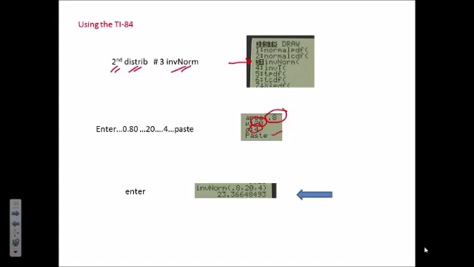Navigate down to paste, press enter, and you'll be given the raw score that we're looking for. We could round that off to approximately 23.37 or 23.4.